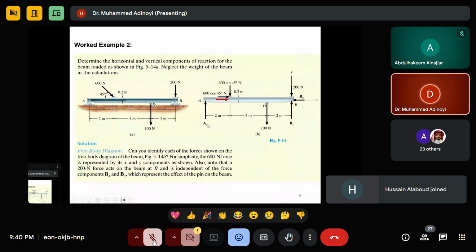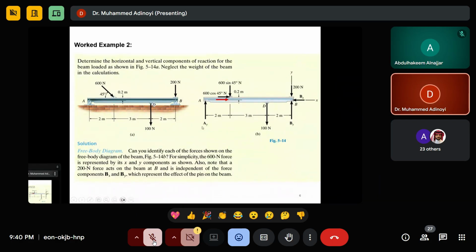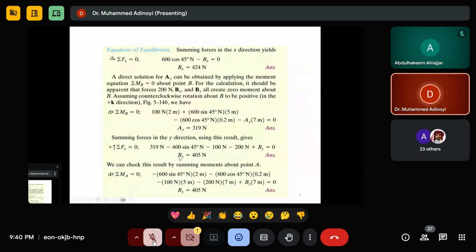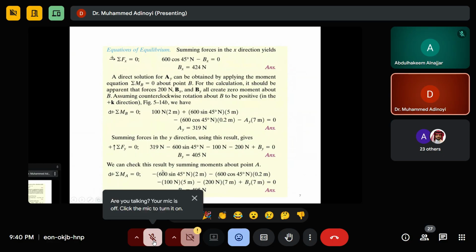Good. If I'm taking moment here, AY becomes zero. So as you can see in the second example, when they take moment about A, did you see AY? You cannot find AY there because it is zero.